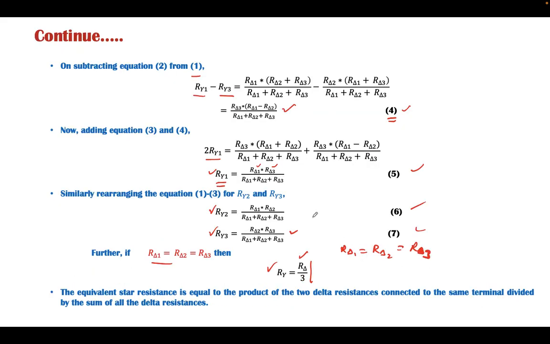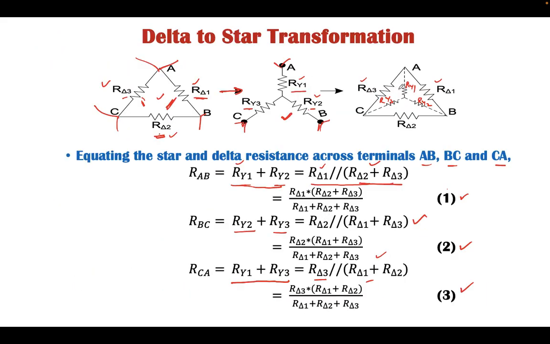From this circuit diagram, we can easily observe that when this star is converted to an equivalent delta, we want to find R delta 1. R delta 1 is connected across R star 1 and R star 2, and hence it is the sum of these two resistances plus the product of these two resistances divided by the third resistance.